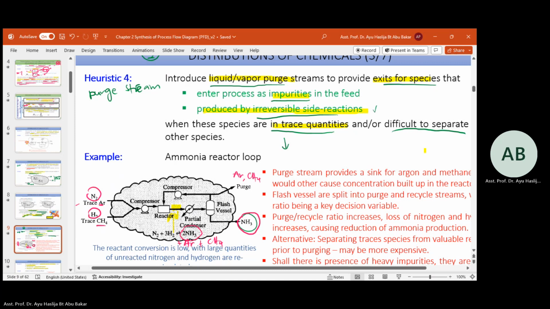Argon, group 8. Organic chemistry, periodic table. Okay. CH4, yes, you can burn, flare. But argon is inert. Okay. So here you can decide whether to flare or what to do with your purge gas.